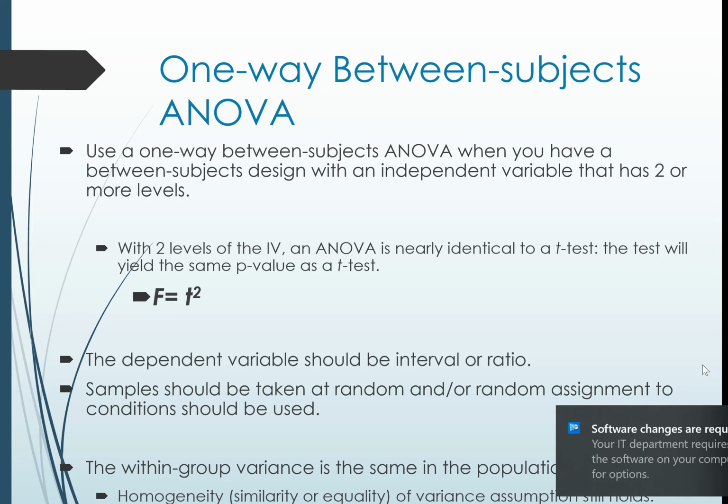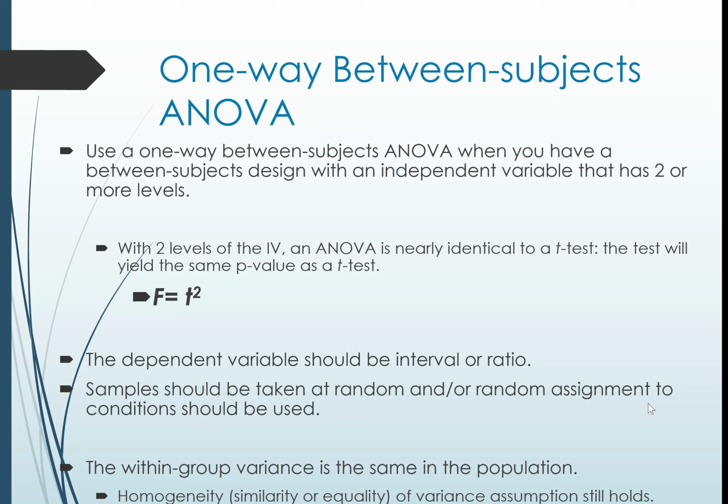Because we're going to pool the error variance into one error term, we would want to make sure that the variances, or the errors basically, within the different levels of the independent variable are similar in our samples, or at least not too dissimilar, and we would assume that they are the same in the population, although there are some corrections that can be applied if we do violate the assumption of homogeneity of variance. So you can just think of homogeneity of variance as assuming equal variances in the groups in their respective populations.